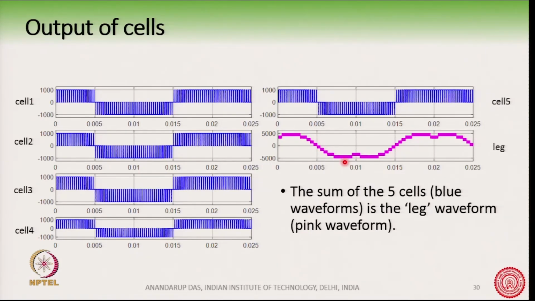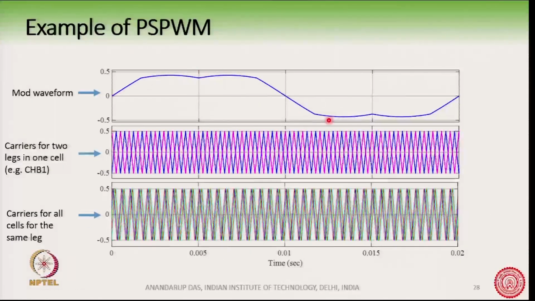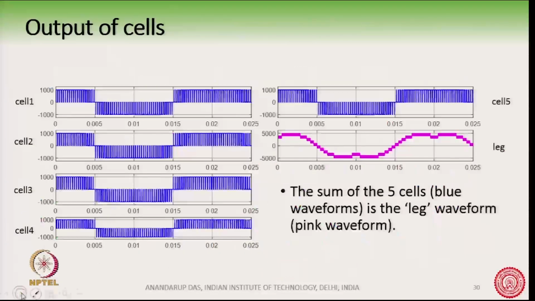It is very close to the original modulating waveform. Remember, the original modulating waveform along with the triplen harmonic is this one, and the actual waveform is going closer and closer to that. It will become even closer if the number of cells increases.